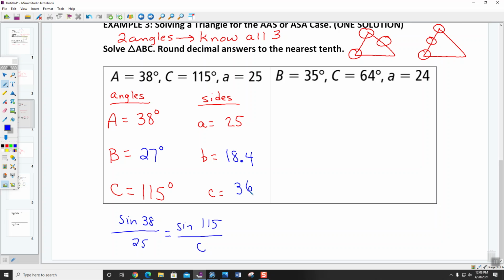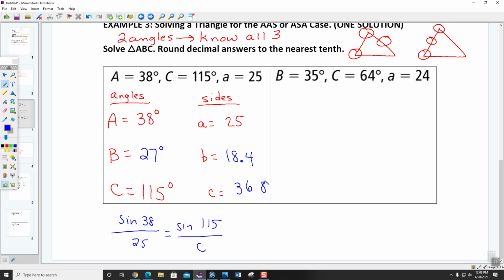You said 8? I bumped this, I got to recalibrate. Give me a second. All right, I want to show you something real quickly now. The nice thing about law of sines is this. Oh, you didn't get 36.8? Did you go sine of 38 over 25, or sine of 115 times 25 divided by sine of 38?